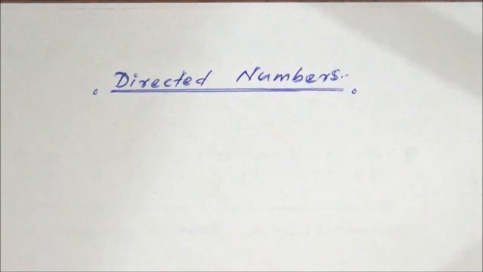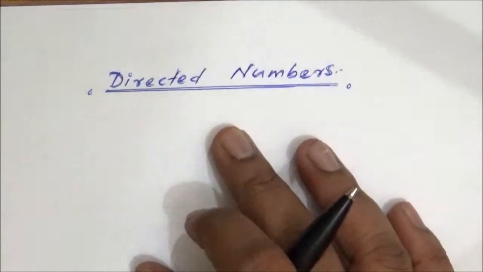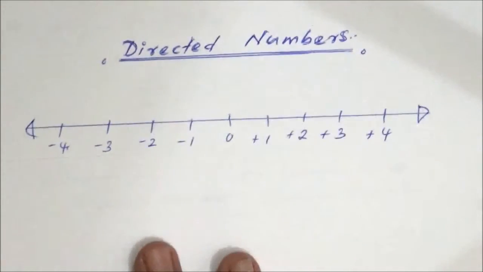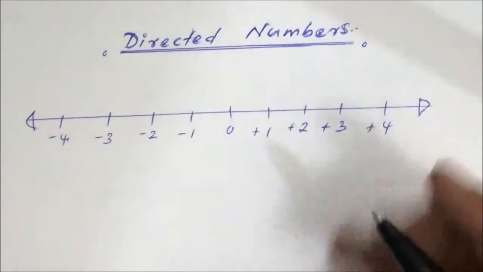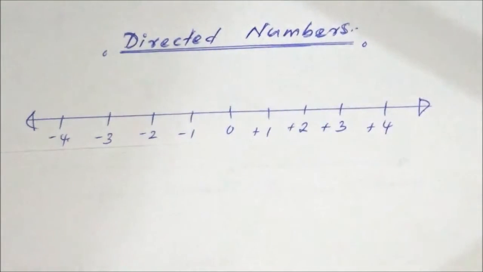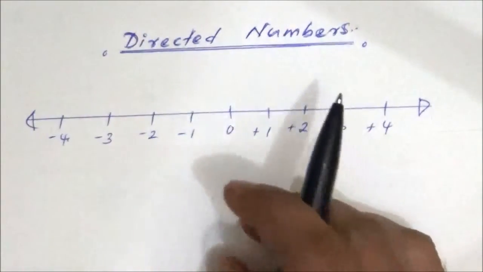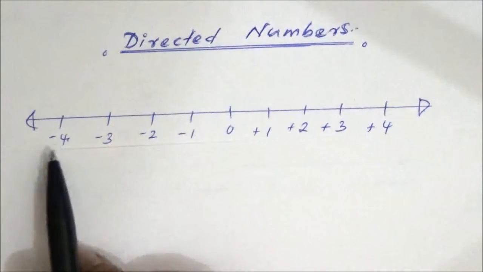Actually, negative and positive numbers are what we call directed numbers. Directed numbers are on your number line. If you take this number line, on your right-hand side there are positive numbers, and on your left-hand side there are negative numbers like -1, -2, -3, -4.